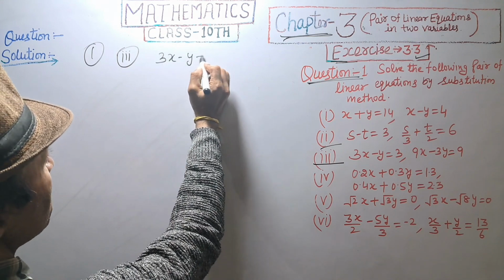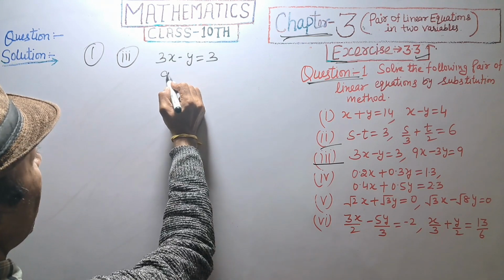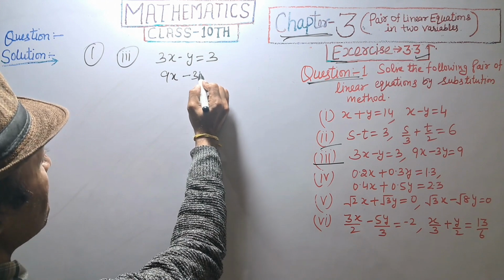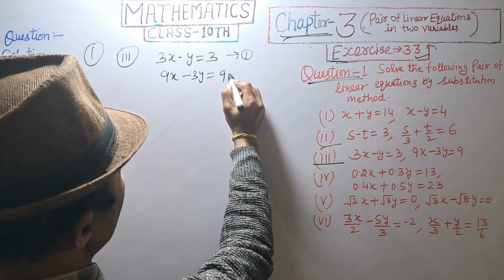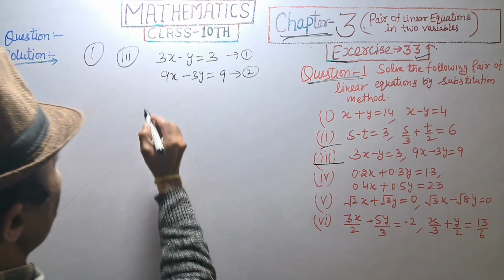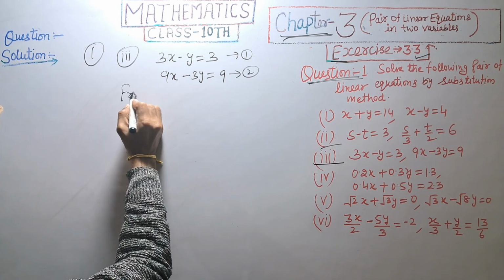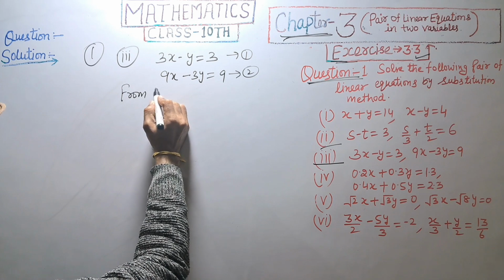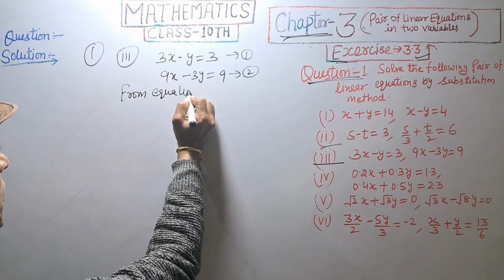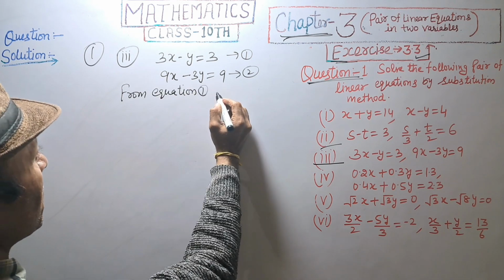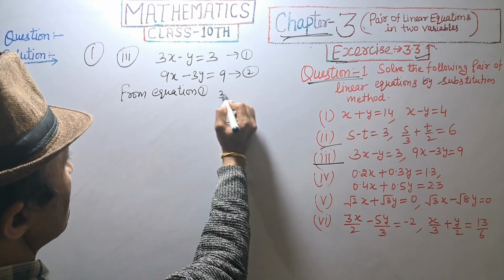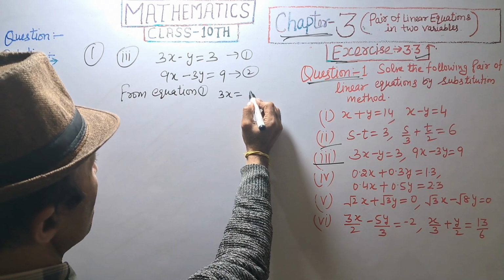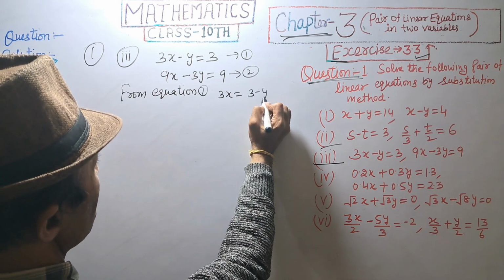3x minus y is equal to 3 and 9x minus 3y is equal to 9. Equation 1, equation 2. From equation 1, 3x is equal to 3 plus y.